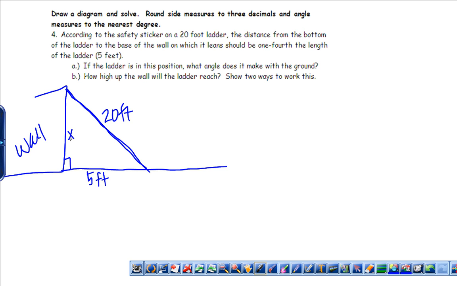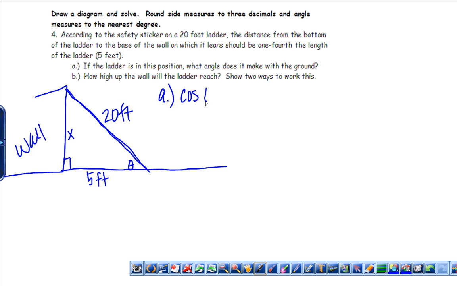On A, it says if the ladder is in this position, what angle does it make with the ground? So we need to find theta here. And then B says how high up is it? So let's find A first. A is looking for theta. So if we're looking for theta first, how about we use cosine?